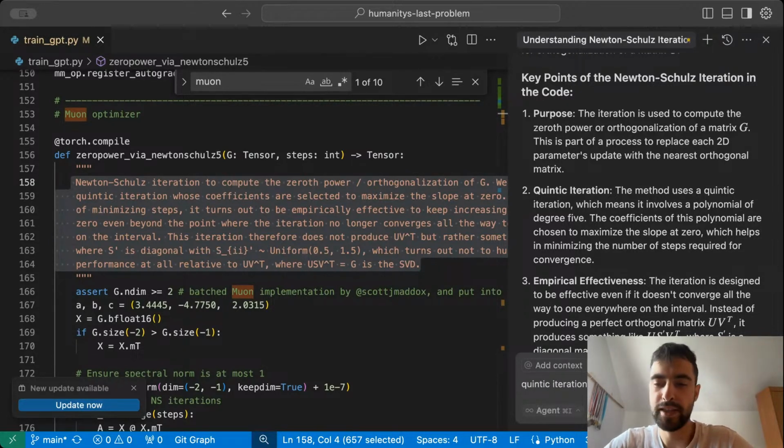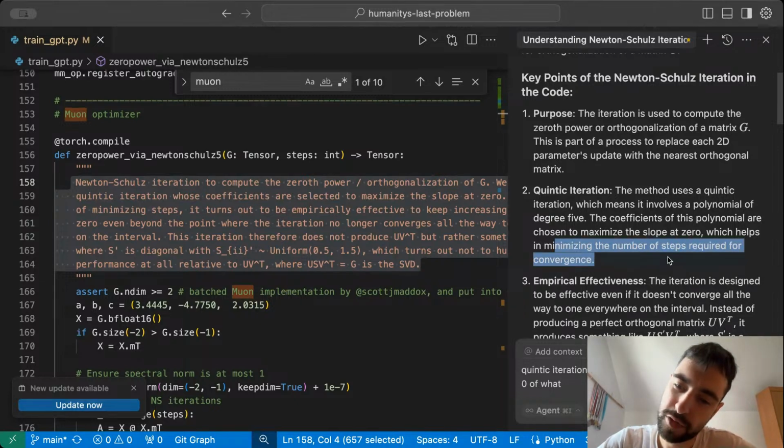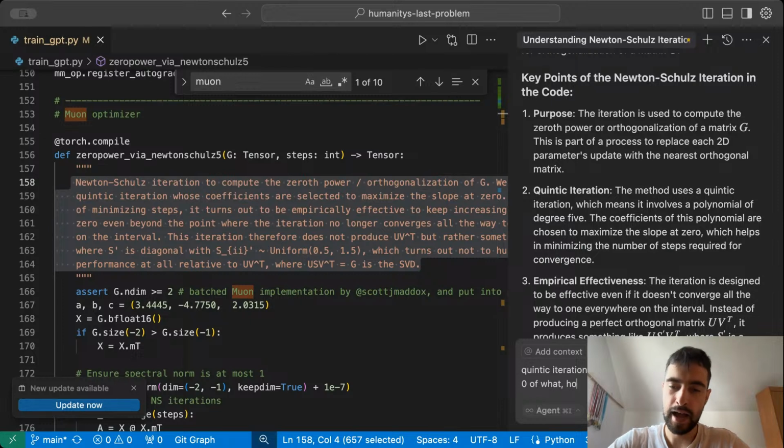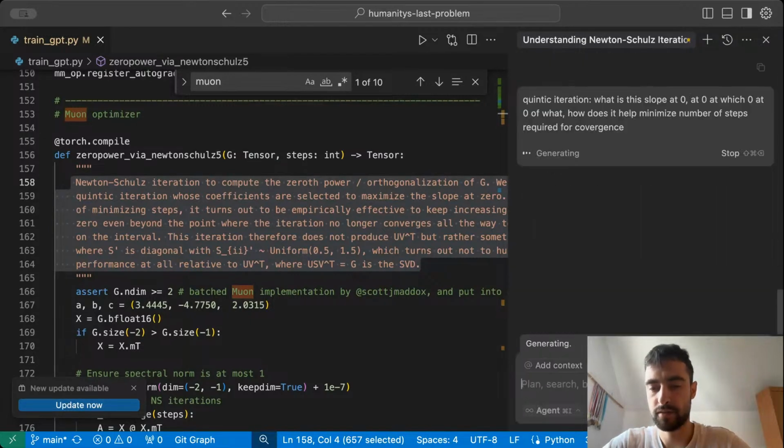Okay, what is this slope at 0? At 0 at which 0? Okay, let me also read. Which helps in minimizing the number of steps required for convergence. How does it help minimize the number of steps required for convergence?